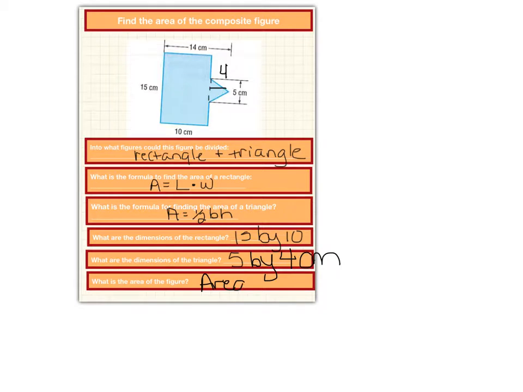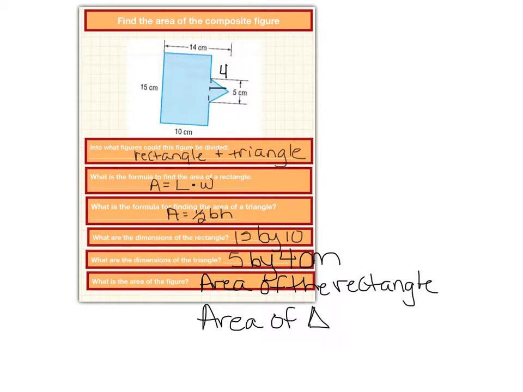rectangle, area of the rectangle, and the area of the triangle, and then find the sum. So our area of the rectangle is 15 times 10, or 150 centimeters squared.